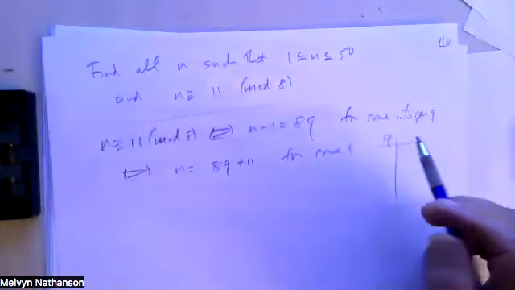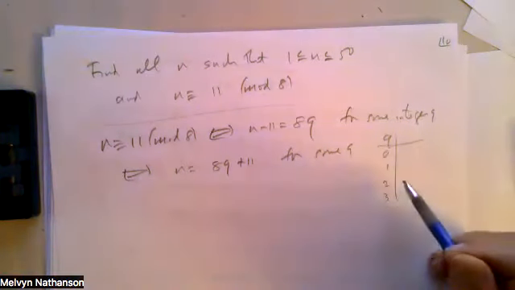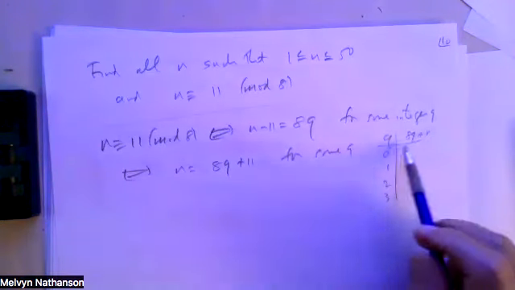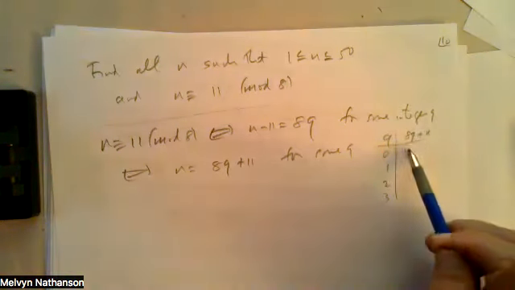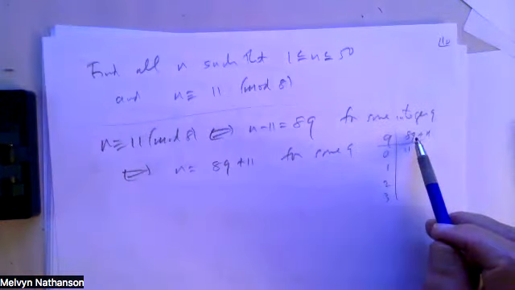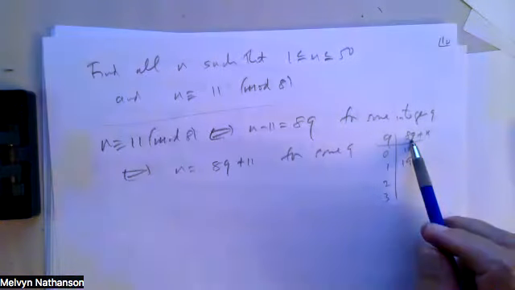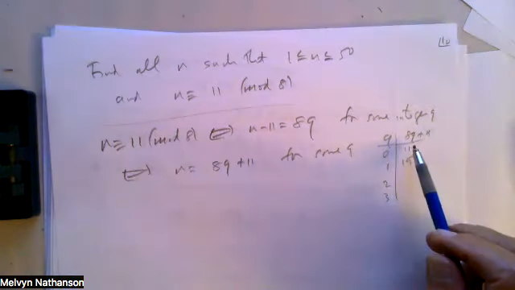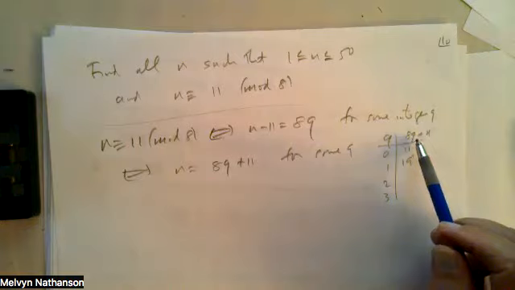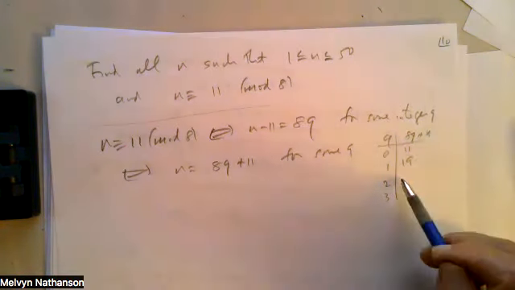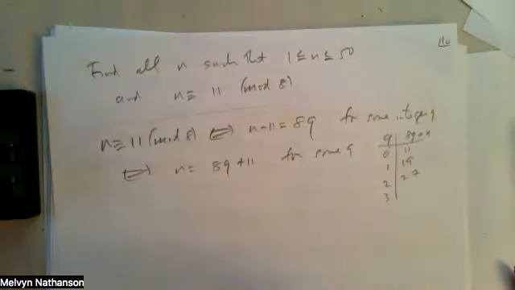Let's take some values of q, 0, 1, 2, 3, and 8q plus 11. When q is 0, I get 11. When q is 1, I get 19. When q is 2, I get 16 plus 11, which is 27.